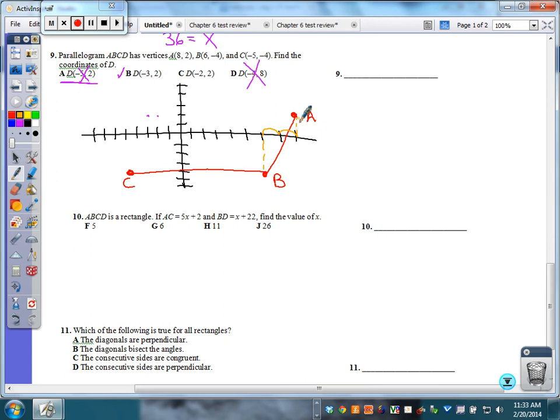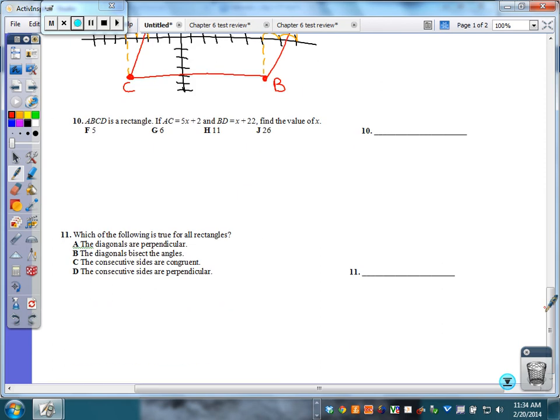Now if I do the same thing here, if I go up to my x-axis and draw 2 places over and come back up, I'm going to create the same point right here. And in fact, now I have my parallelogram, and this point, D, is going to be negative 3, 2. This is my answer.